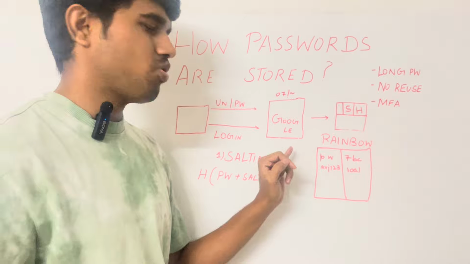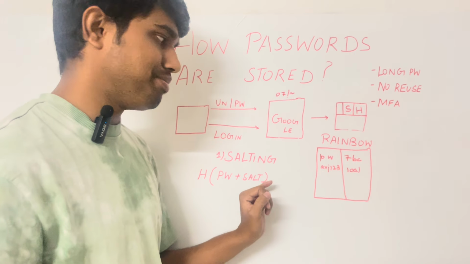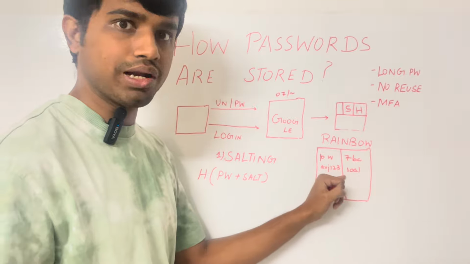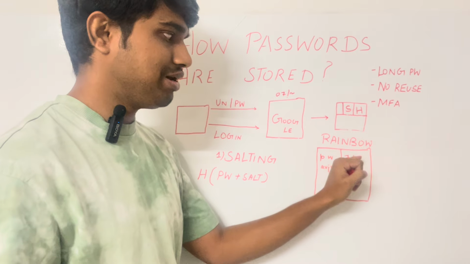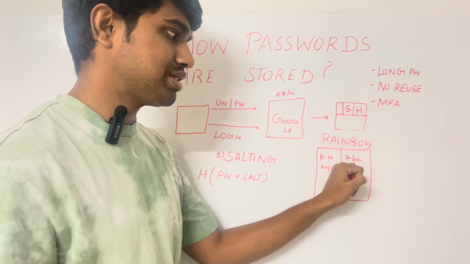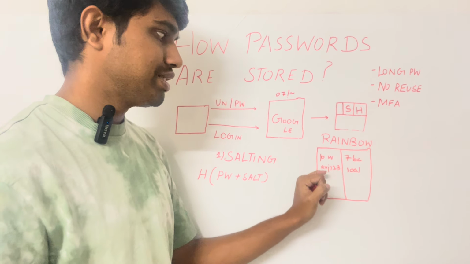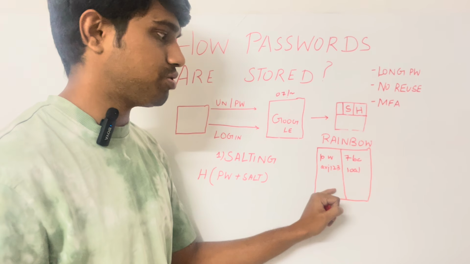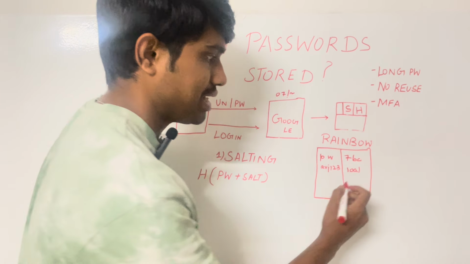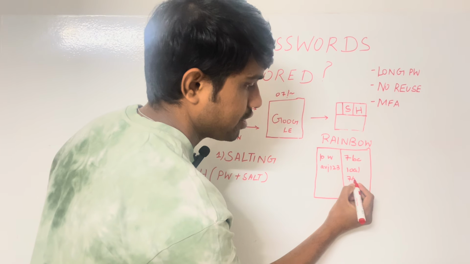So now what is the advantage? Your hash will be even more random. If the hash function is applied directly on the password, it will give the same result for all identical passwords. Say you have password123 and another user has password123, this hash will be the same. It will be 7BC here.